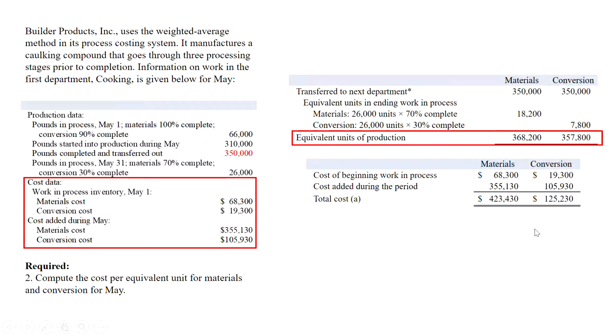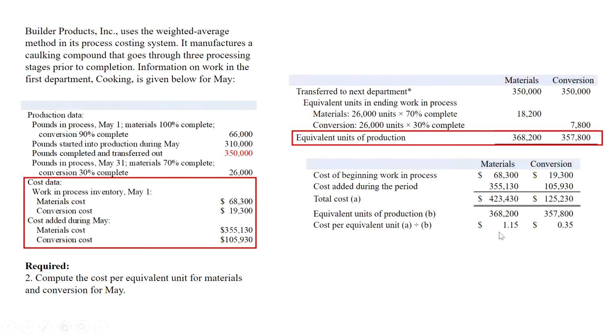Now, for this second step, that's just part A of the second step. That's total cost. Ultimately, I want unit cost or an average cost per unit. So I'm going to take that total cost and divide it by the equivalent units of production that I calculated in step one.